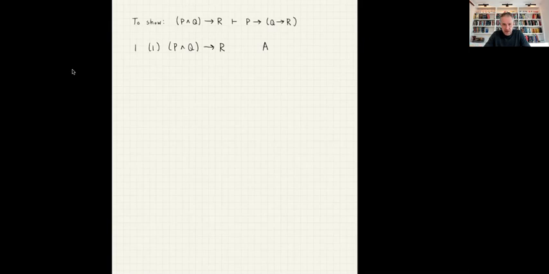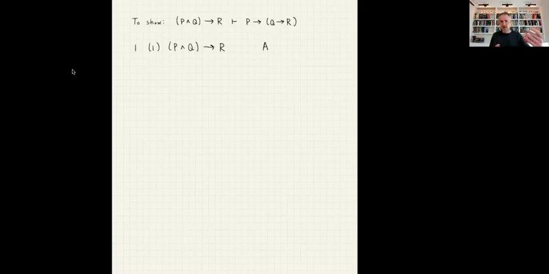The antecedent of the conditional is P. The consequent of the conditional is if Q then R. So what I want to convince you of, if I'm arguing at you from the premise, we both agree, if P and Q then R, I want to convince you if P, then if Q, then R.